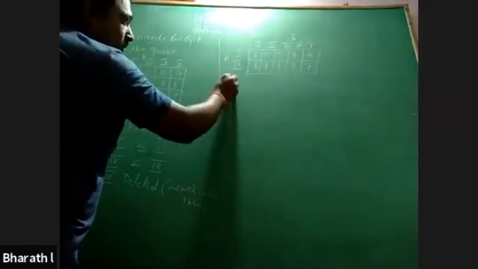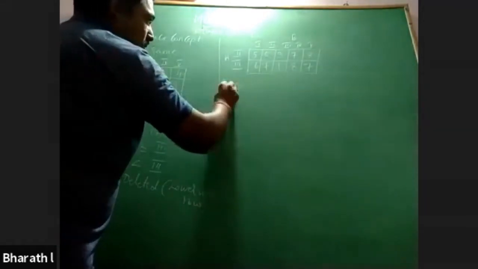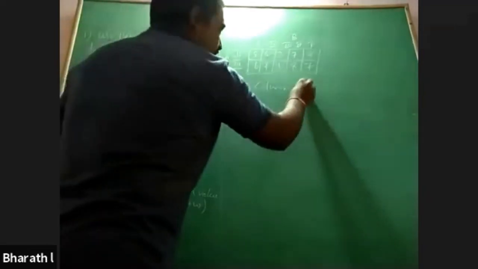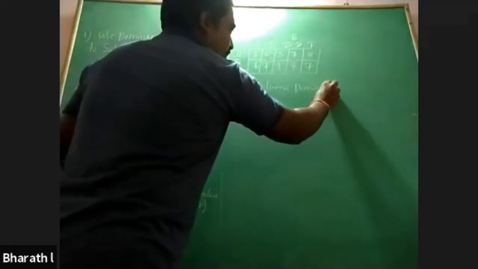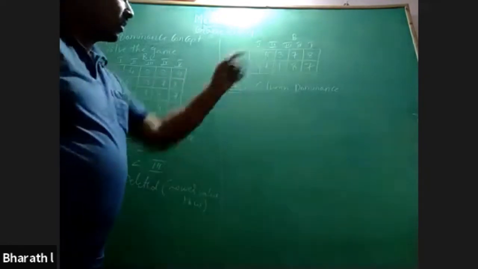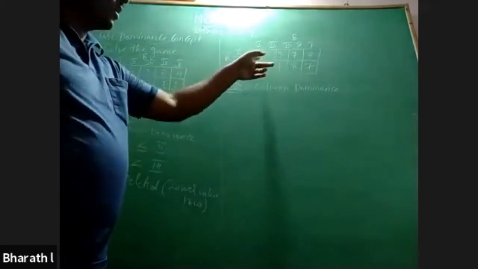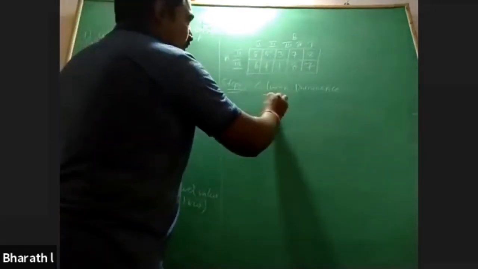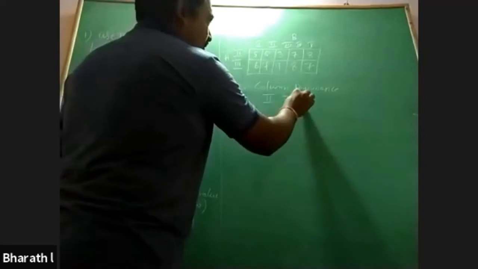Then you have to apply step 2, that is column dominance. You need to check with respect to the columns. When you check the first and second column, 5, 6, 6 is greater; 6, 7, 7 is greater. That is, column 2 is greater than the first column.